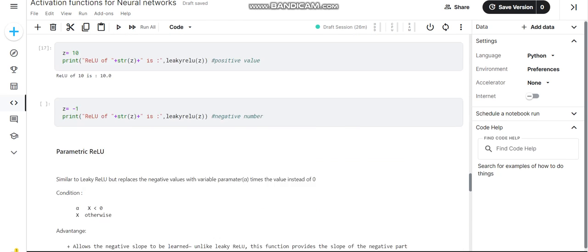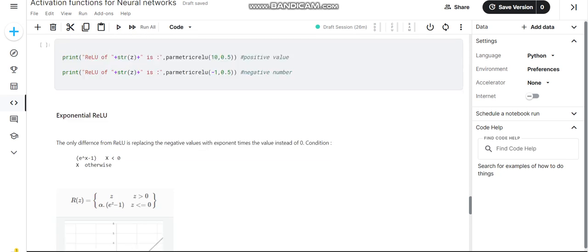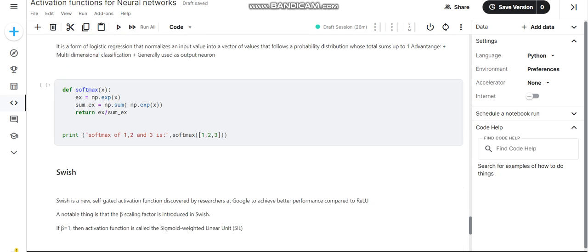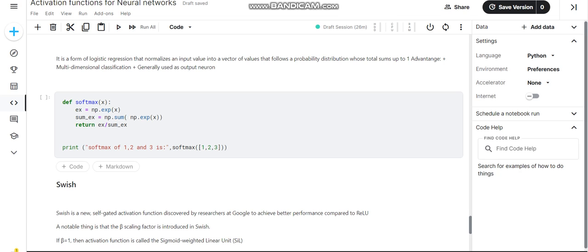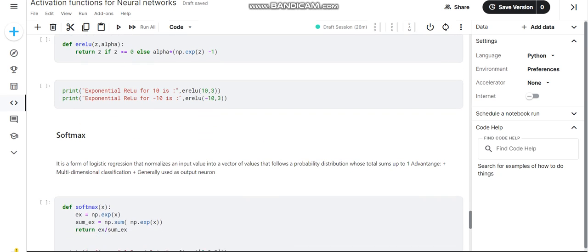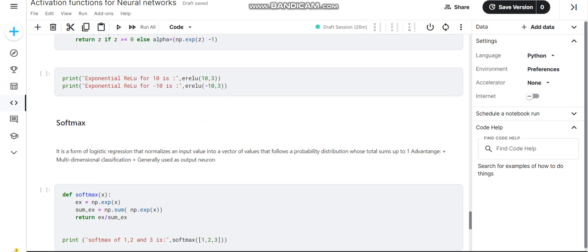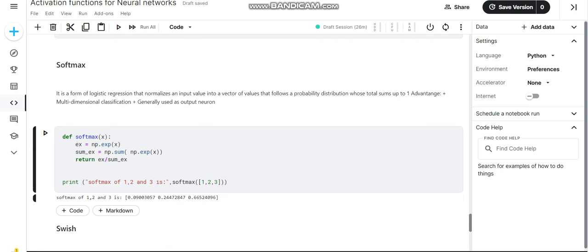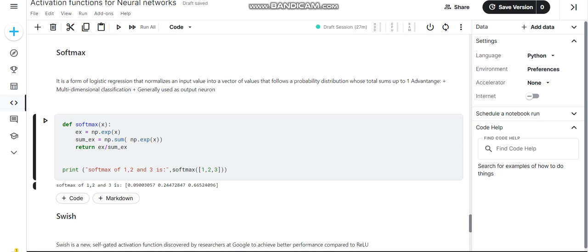Now let us jump to softmax. Softmax is very similar to a logistic regression problem, but the value of which is different. Softmax with n equals 2 is basically a logistic regression.